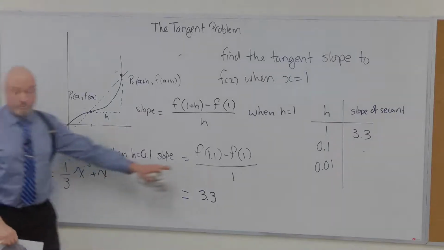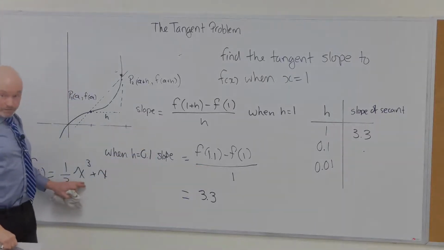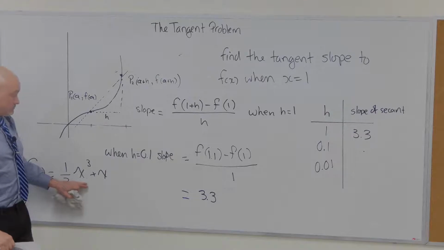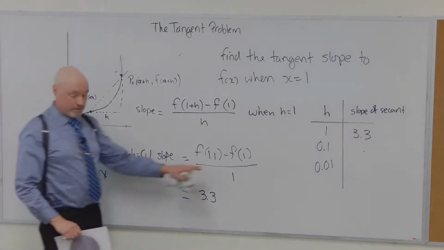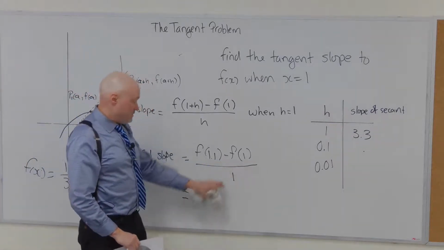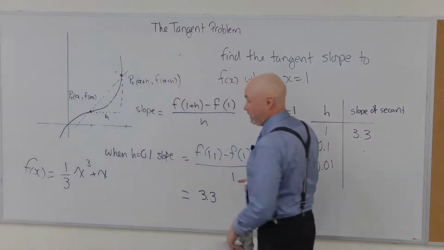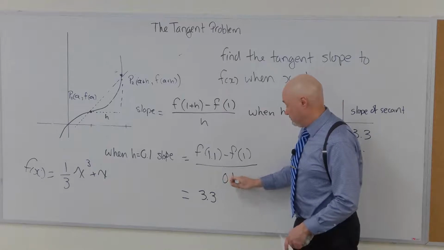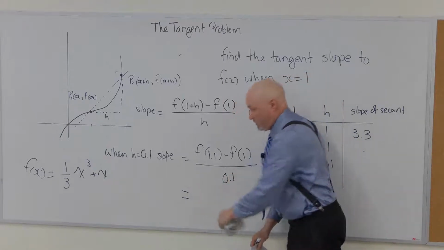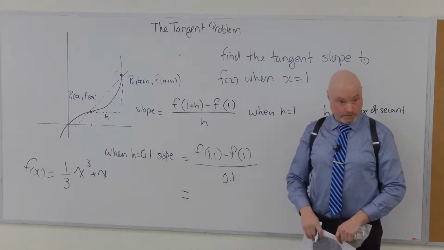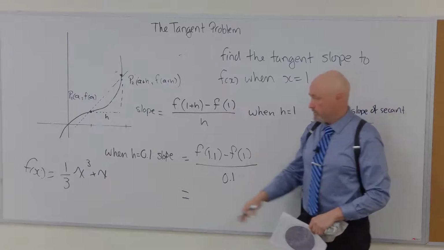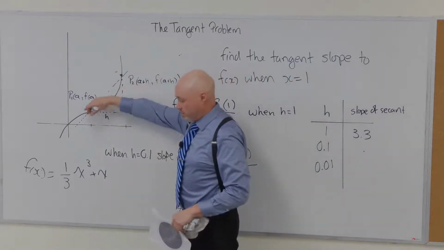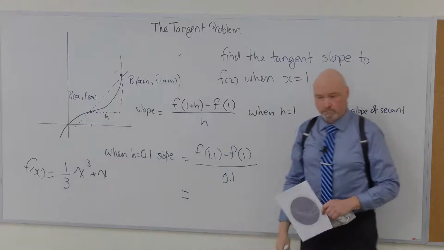So I'm going to plug 1.1 into my function for x here. I'm going to subtract f at 1. And then I'm not going to be dividing by 1. What am I going to be dividing by instead? 0.1. Okay? And my slope's going to change. It's going to be a little bit different because I've gotten a little bit closer to that point.